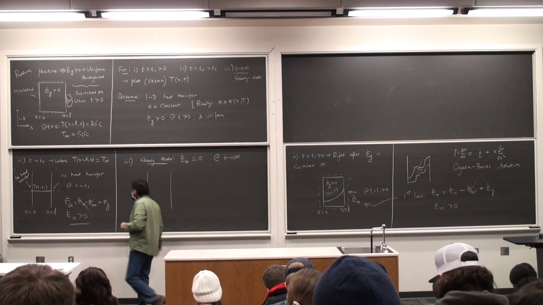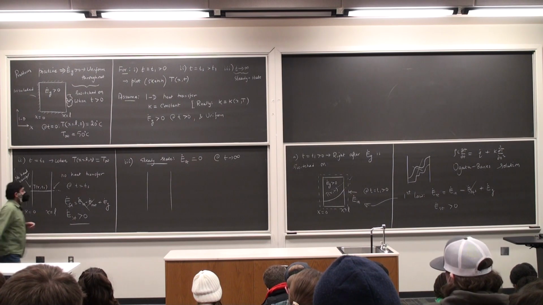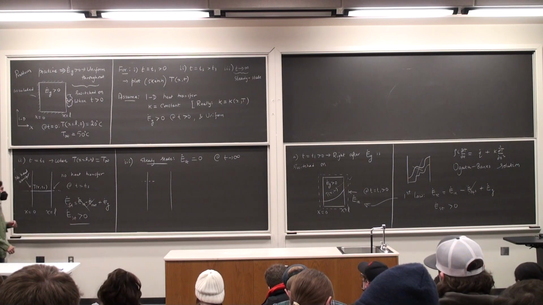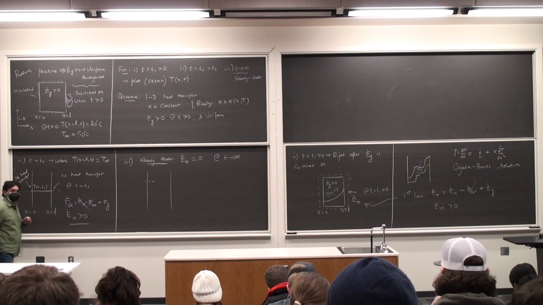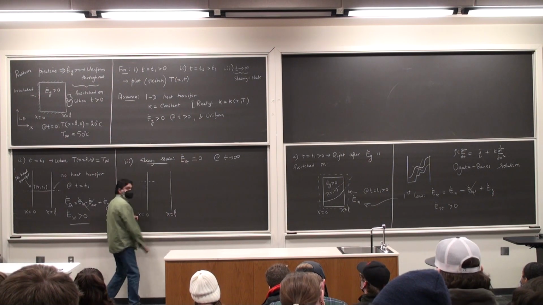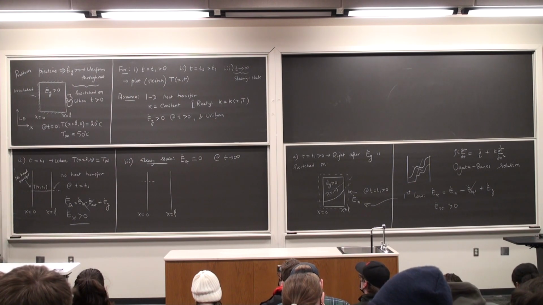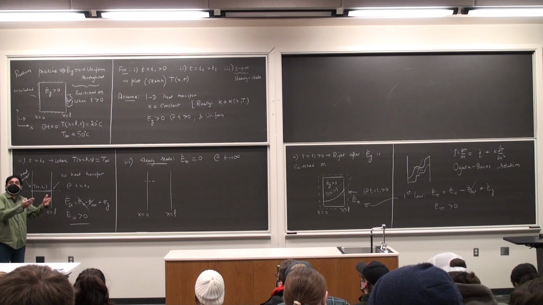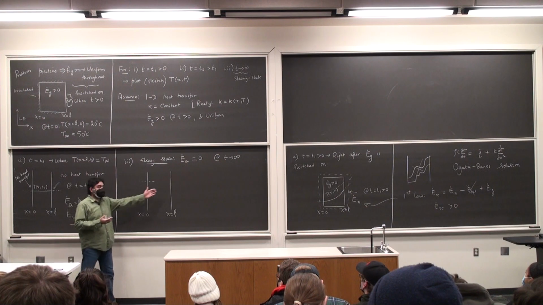Alright, now I go to the third situation, steady state. Easy here. Zero slope. What do you think happens at the x is equal to L side? This is x is equal to 0, x is equal to L. Remember, as time is increasing, the energy stored is still greater than 0, so the temperature has been increasing. So what's going to happen at the x is equal to L side?